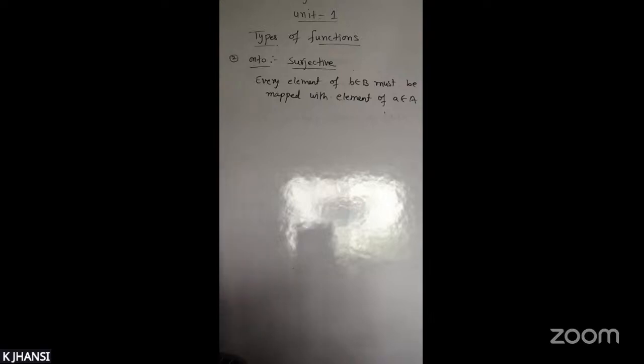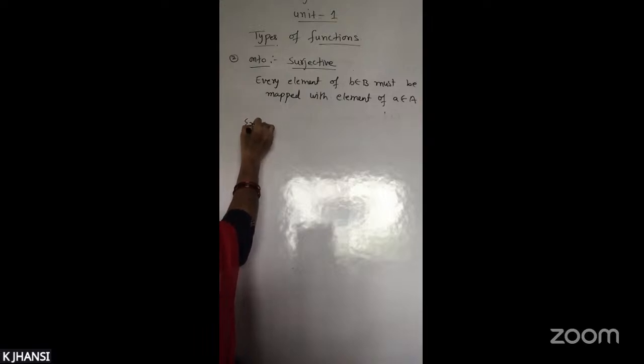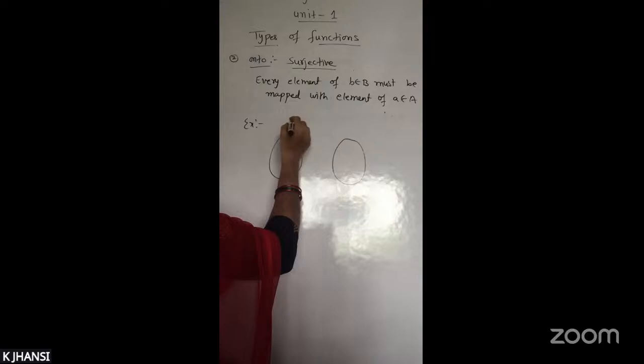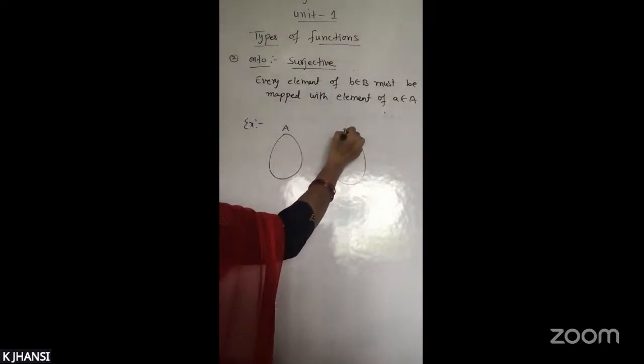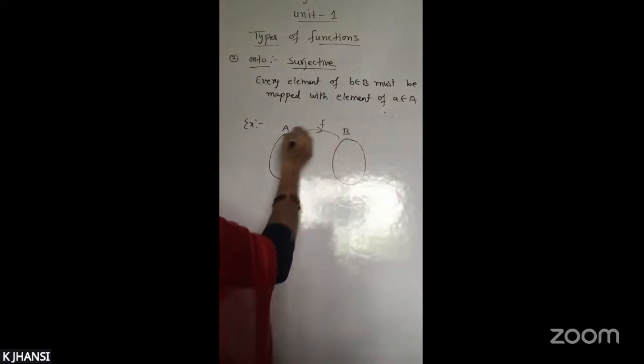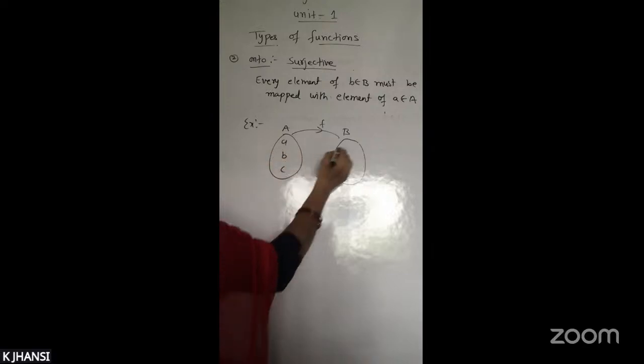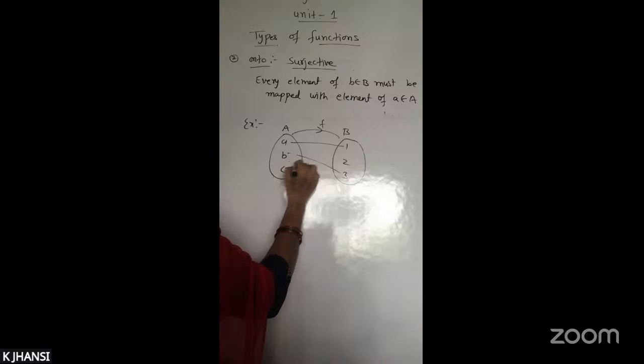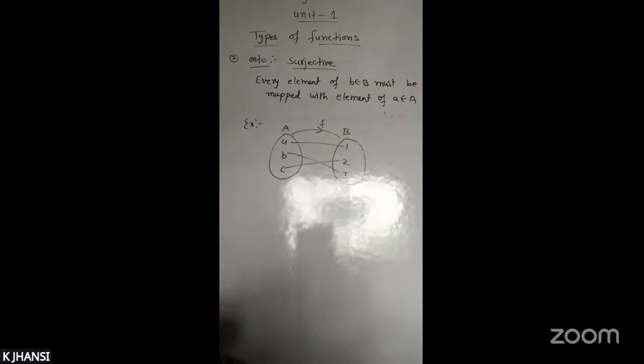So the first one is example, A, F. Like this you may have, and like this you can write. The first thing is this is a function. Why?